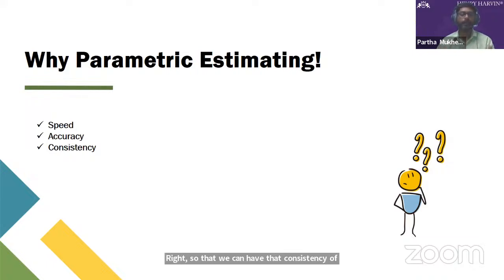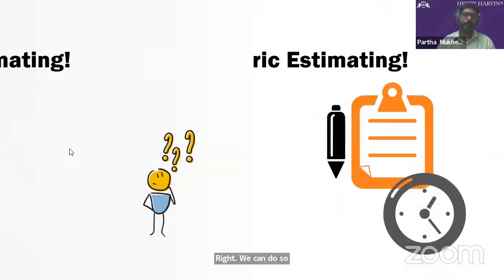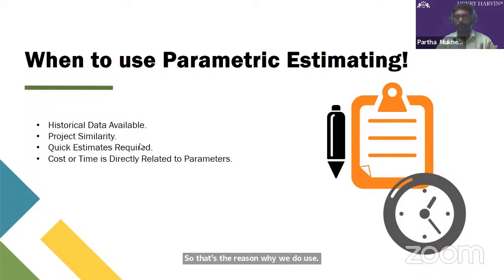We are getting information from the parameter-related things, so it can foster our understanding and the working environment, as we already understand the risk factors. So we can mitigate the risk, transfer the risk, accept the risk. We can do so many things when it comes to risks. So that's the reason why we use the parametric estimation technique.